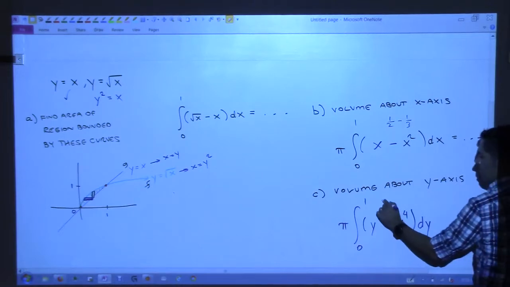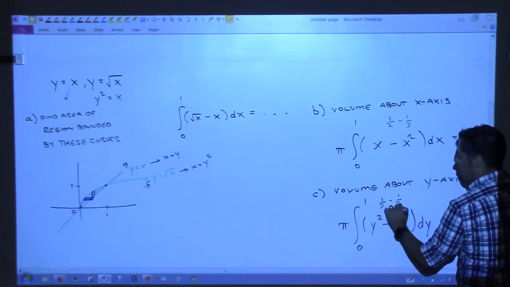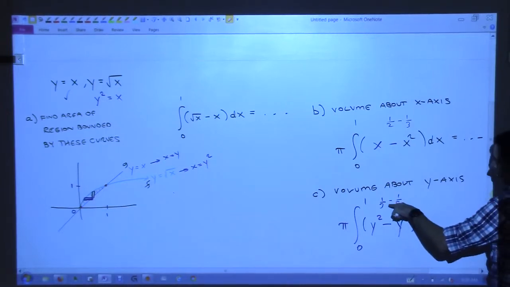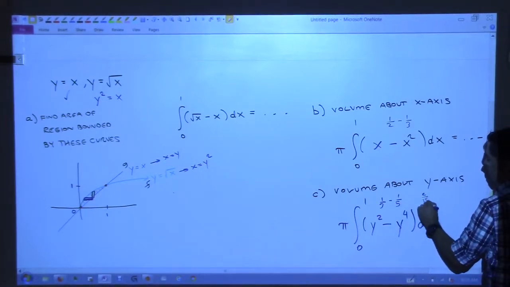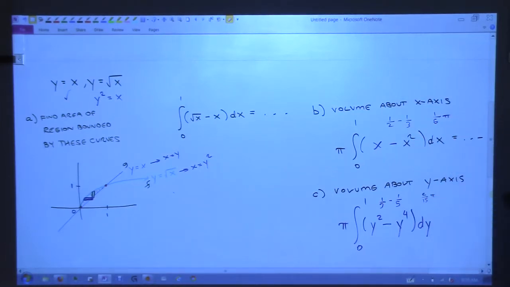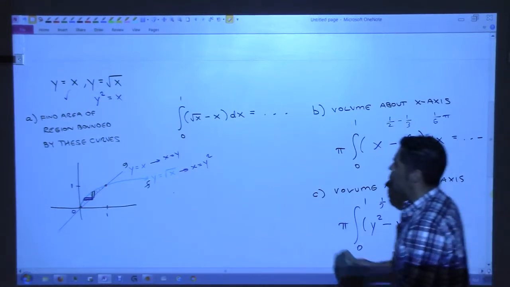This one's going to be 1/3 minus 1/5. So this is 1/6 pi, and that's 2/15 pi. So that one's smaller? Yeah. So you get less volume if you go around the y-axis. All right, we good?